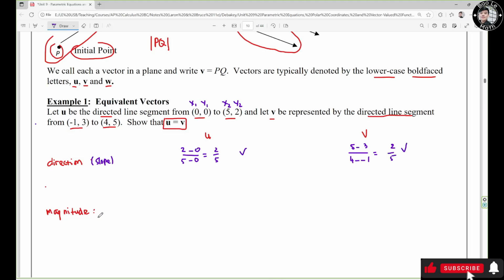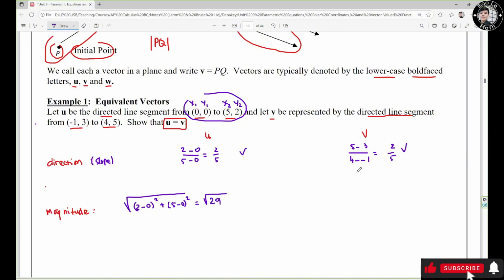Now, magnitudes, which means we need to find the distance between two points right here. So it's going to be the square root of (y2 minus y1) squared plus (x2 minus x1) squared. And this turns out to be the square root of 29.